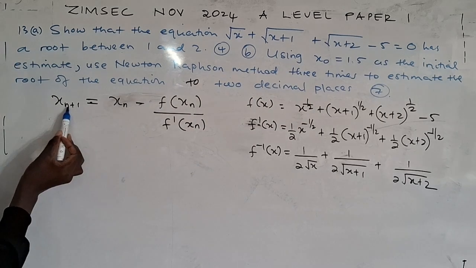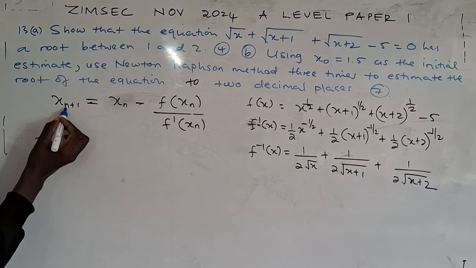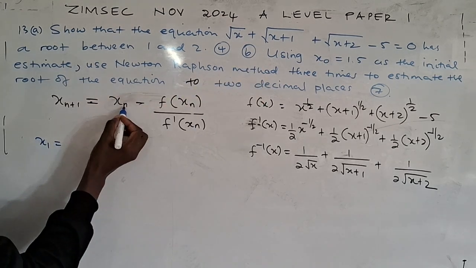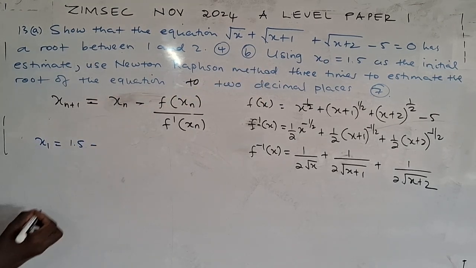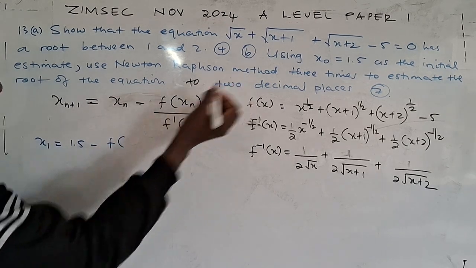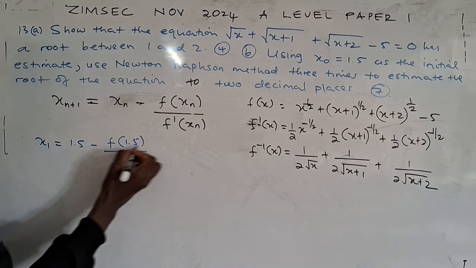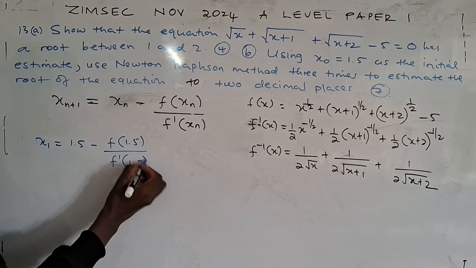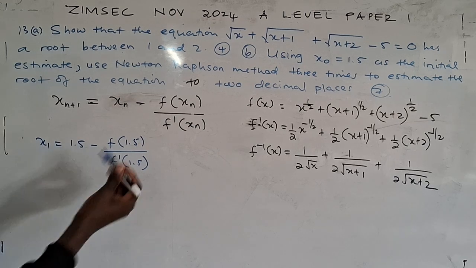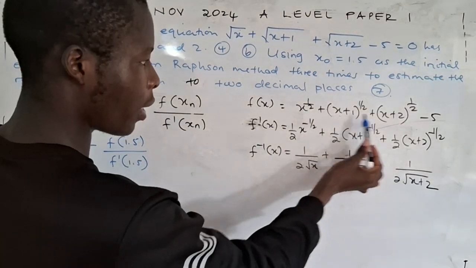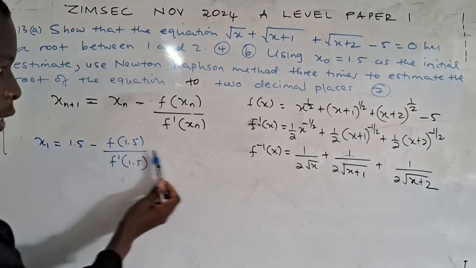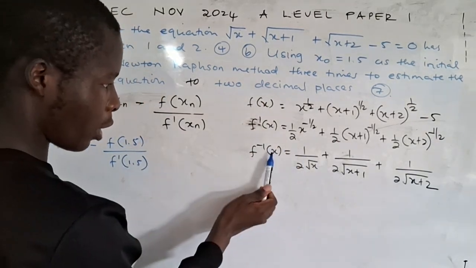If you put this 0 here, it means x subscript 0 plus 1, which is 1, is equal to x0, which is 1.5, minus f of x0 now, which is 1.5, divided by the first derivative. Here you write like this. If you solve this, you take 1.5, you put here, then you find the answer for f of 1.5. You take this 1.5 and you place here.